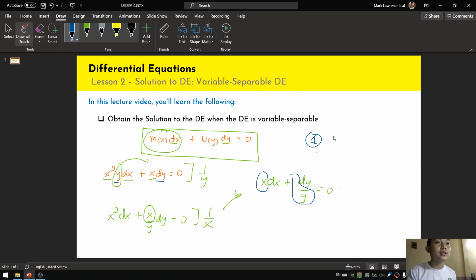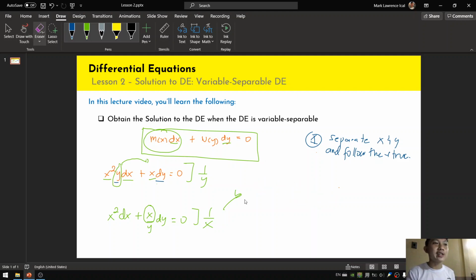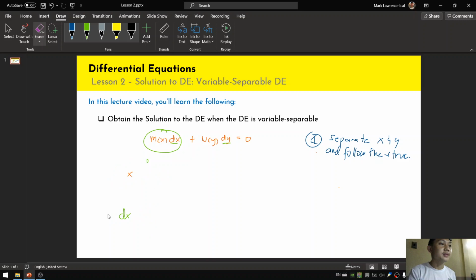The first step is to separate x and y and follow the structure. I call it structure, but it's not really called structure. I just call it structure. Okay, so that's step number 1.